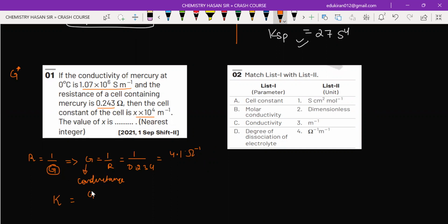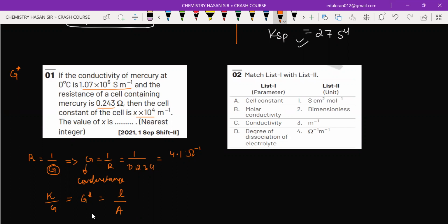Now, kappa is equal to conductance into cell constant. Wait a minute. We can apply the formula of G star directly. Cell constant is equal to length of the conductor per unit area of the cross section, and G star will also have a formula that is equal to kappa upon conductance.